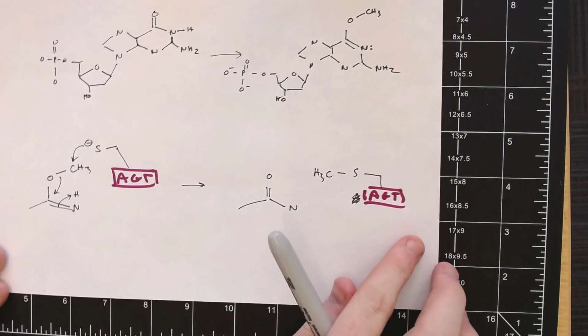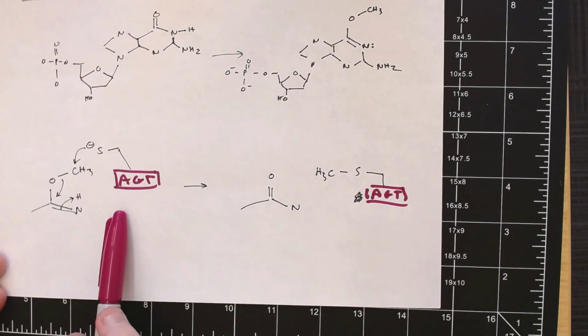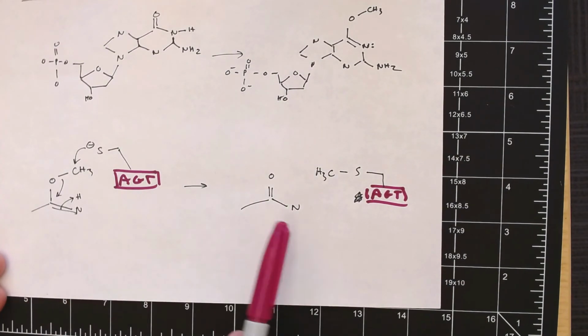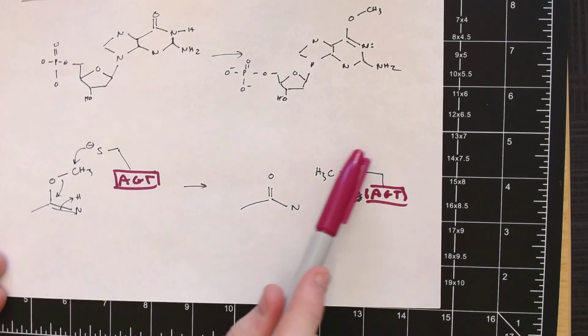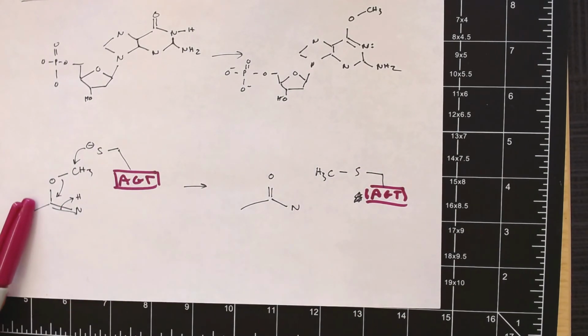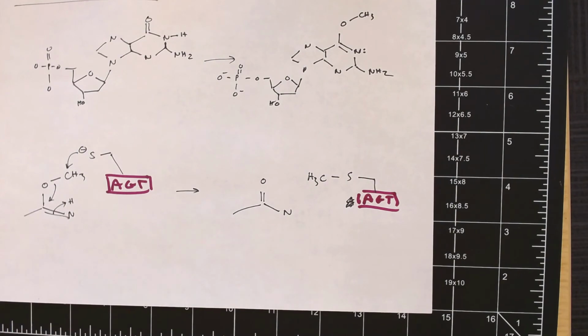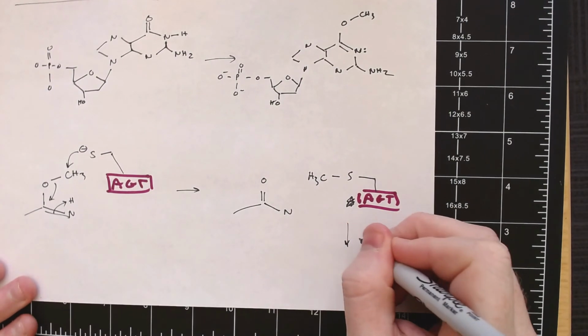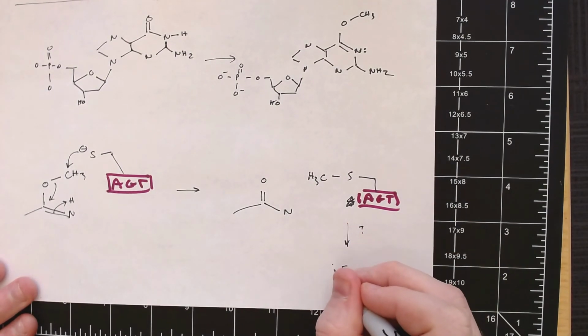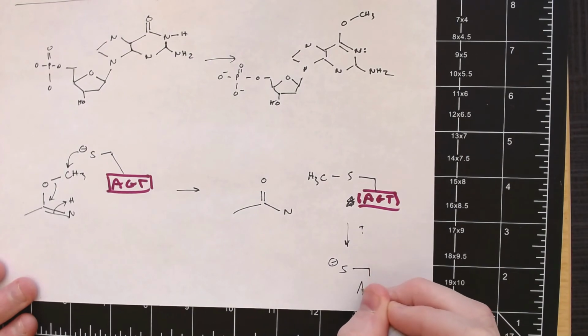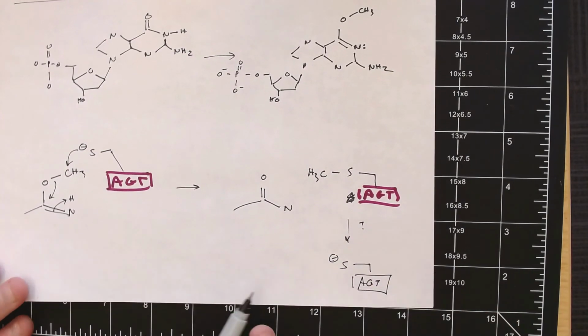And at first blush, this may not look like it's very expensive, because all that was needed was for this methyl group to get transferred to this protein, this methyl transferase, and typically we would think that as an enzyme there'd be some mechanism which would eventually regenerate our AGT so that we can do this again.